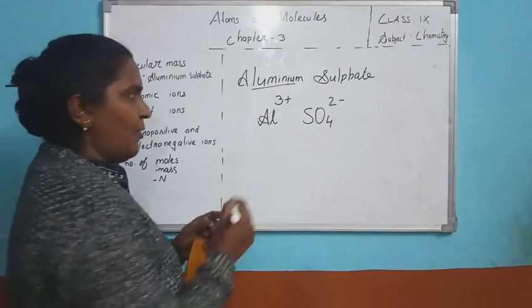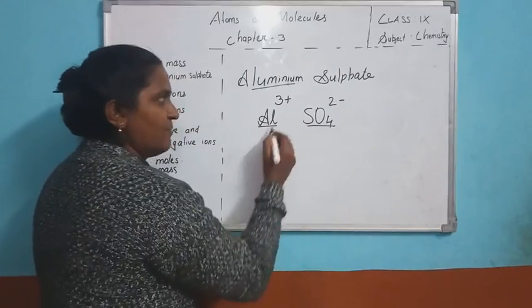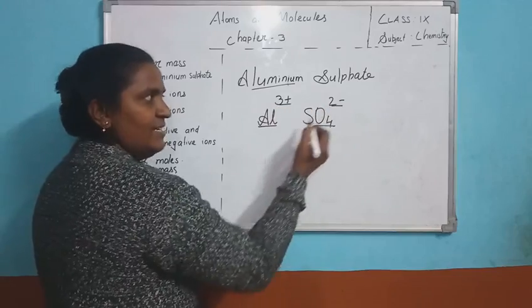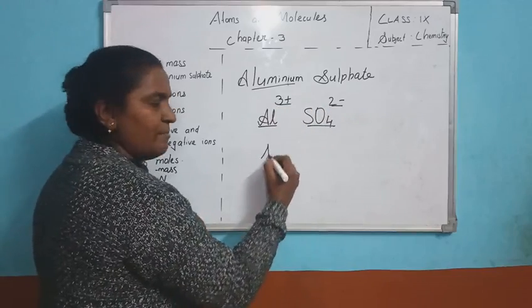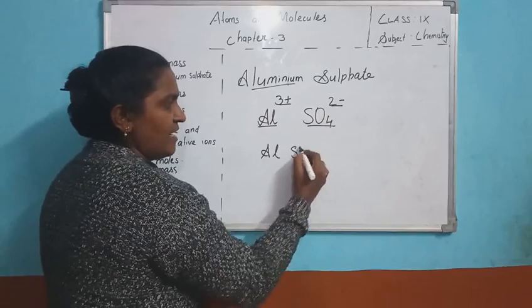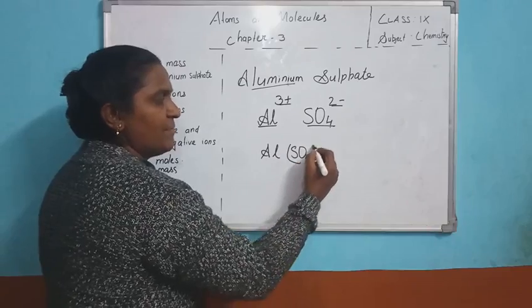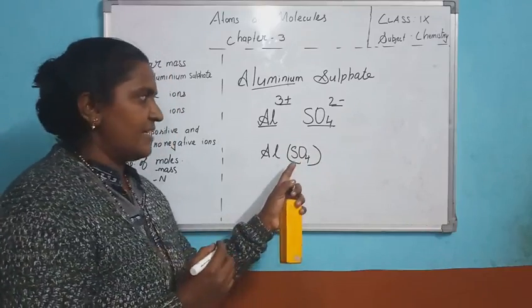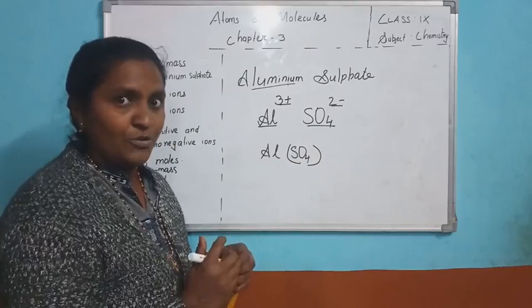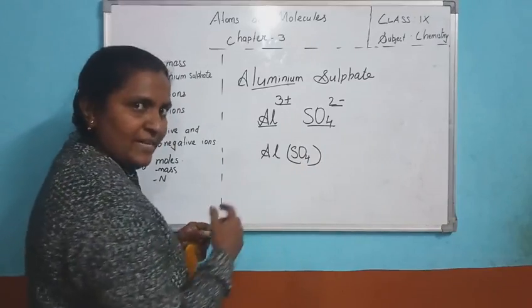Now you are going to write again only the symbols. This is called valency. You write once again only the symbols: aluminium, sulfate. This is one element, and this sulfate is made up of more than one element, that is sulfur and oxygen. How do you know? Both are capital letters.